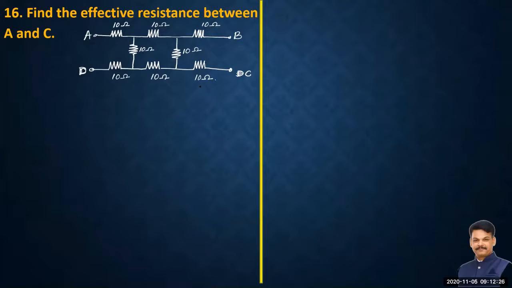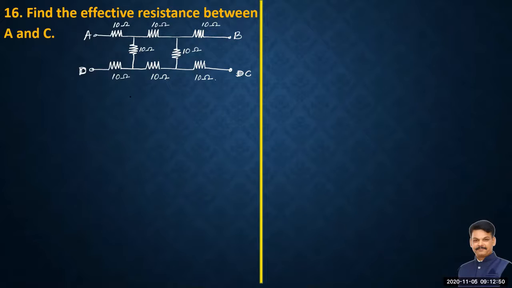Then, dear students, whenever we consider any such combination of resistors, the imagination of the path of flow of current is very important. Here, plenty of resistors are there. You need not consider all the resistors for the calculation of effective resistance.